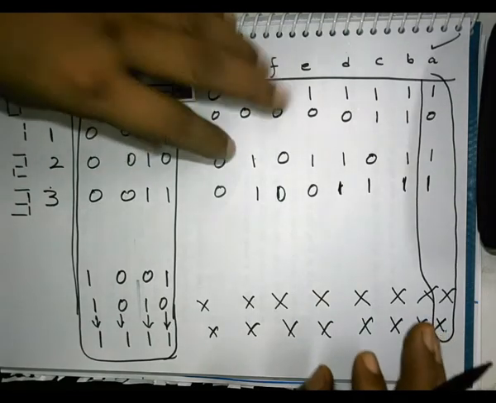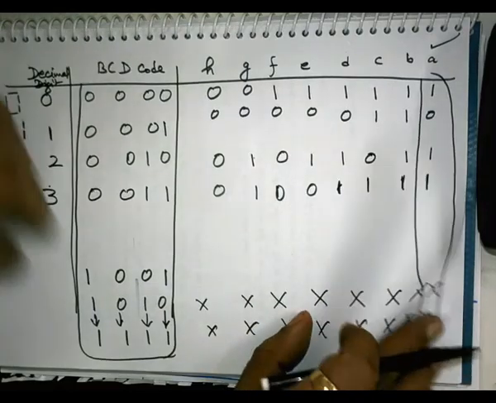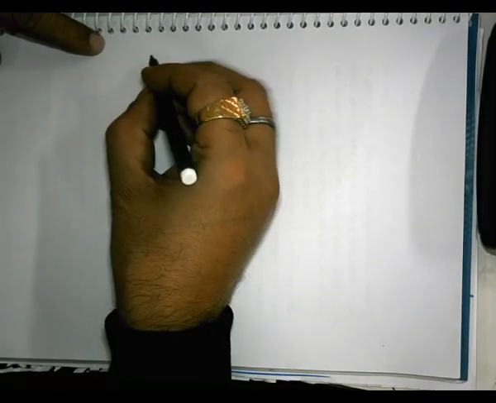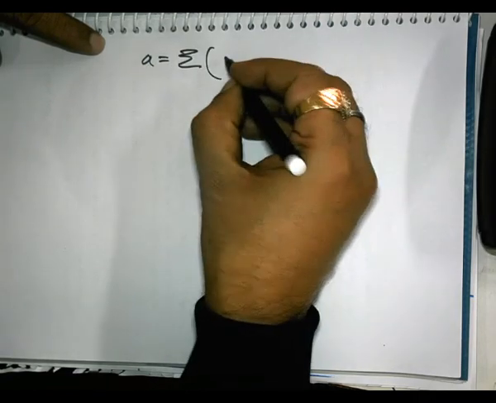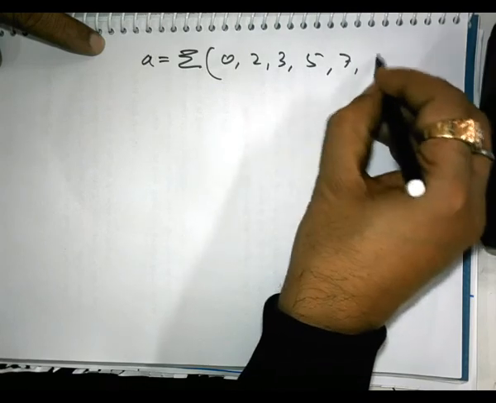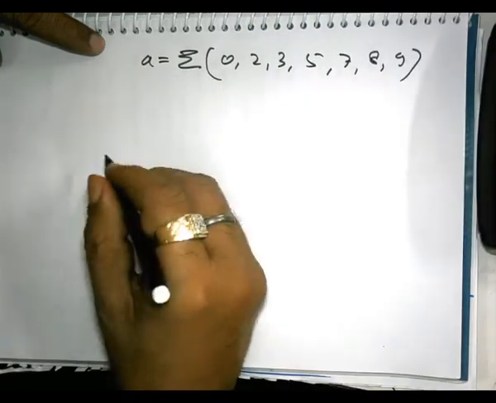Got the point? So I am simply writing the min term for A. If you look for your table, A is the summation of min term 0, 2, 3, 5, 7, 8 and 9. Okay.